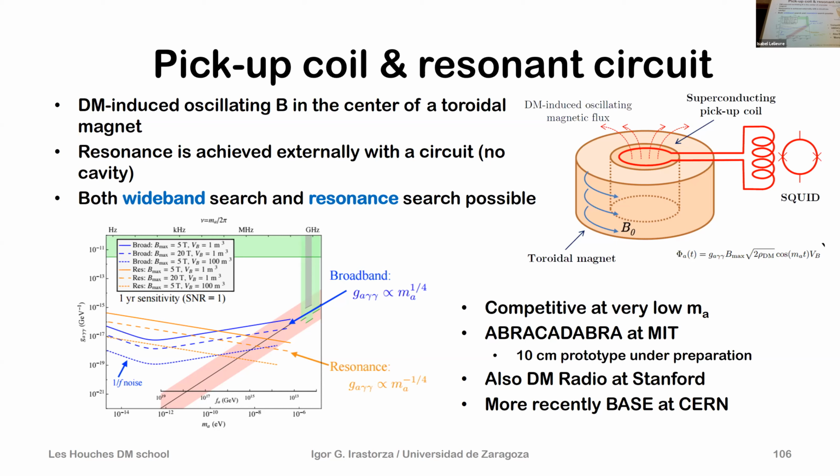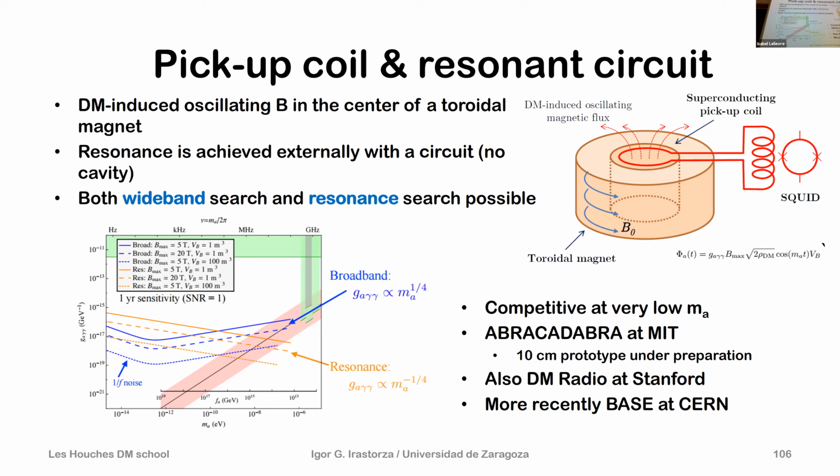and there are already first results with relatively small tabletop experiments. There is a group in the US, Abracadabra, that have already delivered several results with a very small prototype of 2 centimeters size.